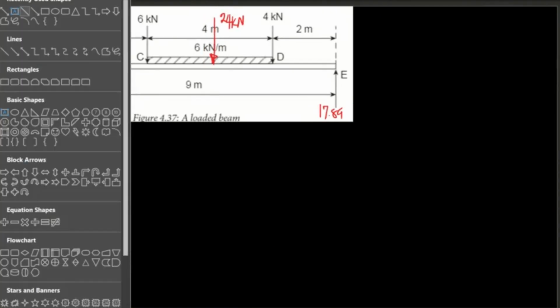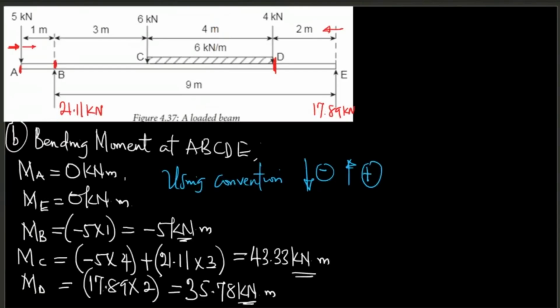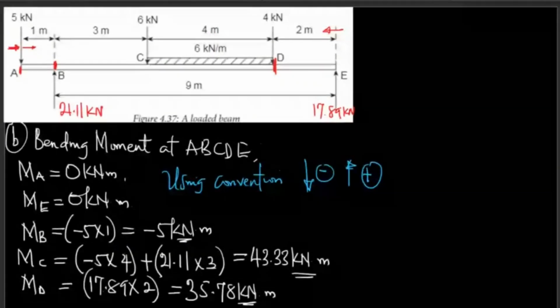So I'm just going to do the same thing that I did. I'm just going to draw a line that is the same length as that of the beam. So I have my straight line. What I need are those values. So I'm just going to crop out this.